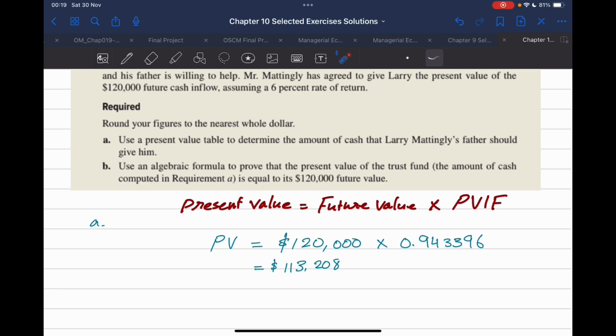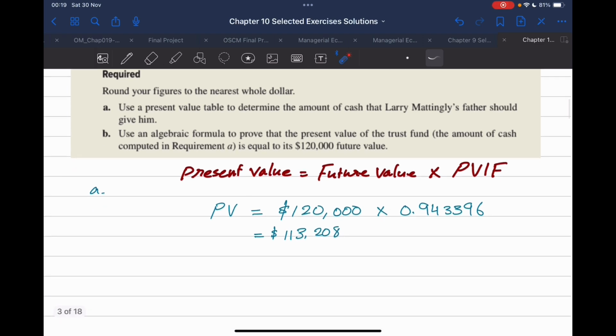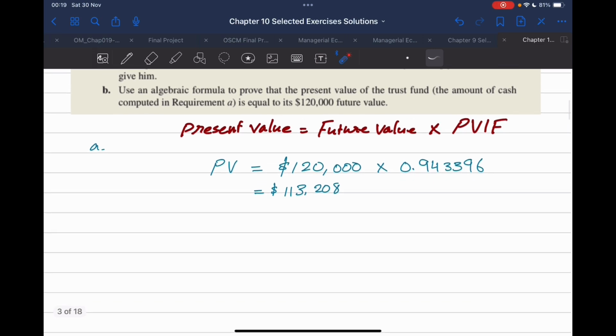Okay? So basically, we are redoing our calculation, but we are using a mathematical calculation, right? So what I'm going to do here, based on the formula, of course, the question is asking us to do it the other way around.